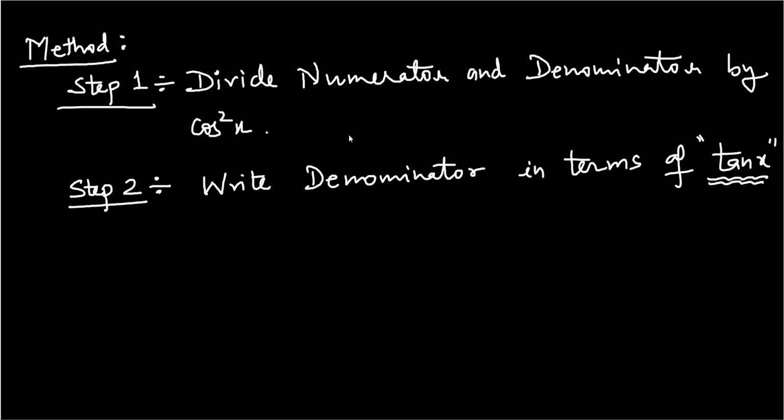A constant can be allowed, but nothing other than tan x and constant. So write denominator in terms of tan x and a constant.